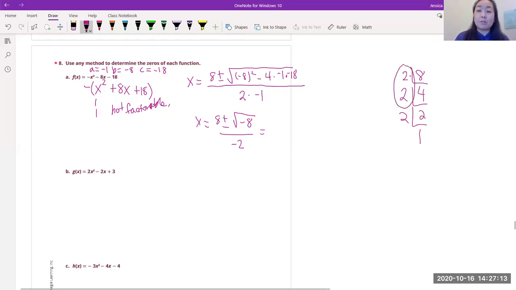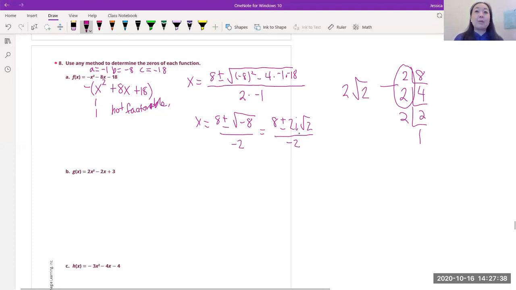See, that's my 4. 2 times 2 is 4. What's the square root of 4? 2. And then my leftover is just 2. All right, so this is actually going to be 8 plus or minus 2i, don't forget the i because there was a negative in there, root 2 over -2. Now the question is, are we done?